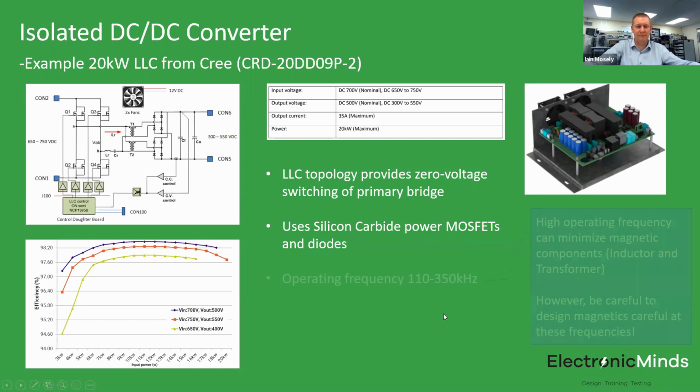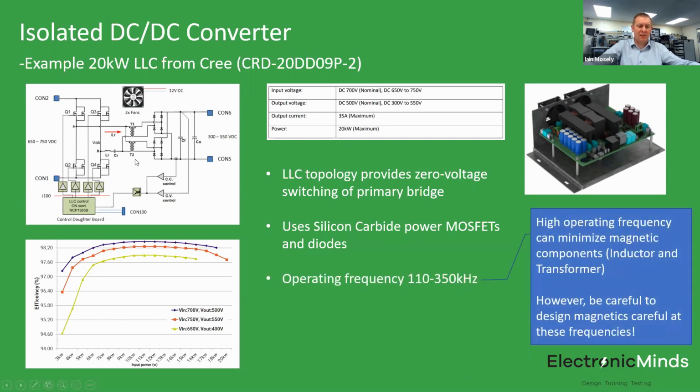This particular topology uses a variable operating frequency, and in this case, it's about 110 to 350 kilohertz. The good thing about going to higher operating frequency using these silicon carbide devices is it allows you to minimize the size of the transformer and inductor elements here, the magnetic components.